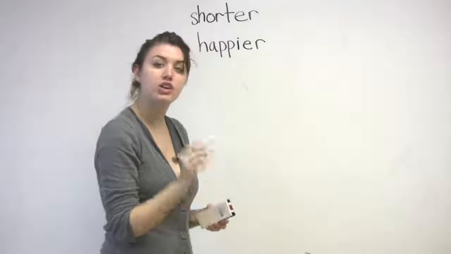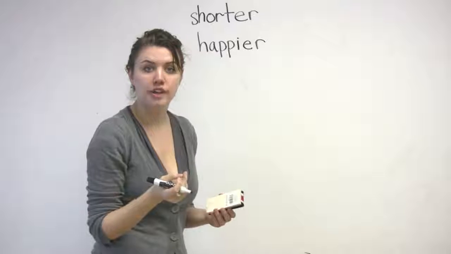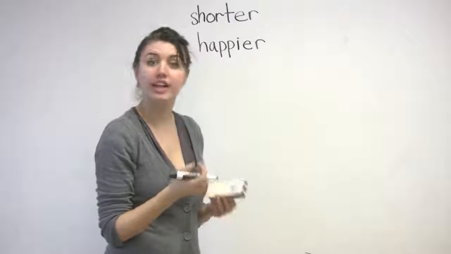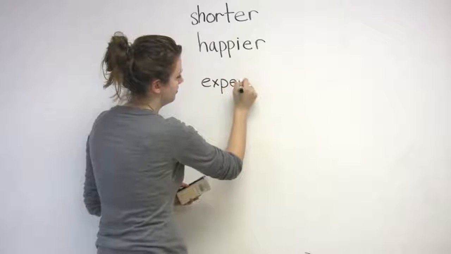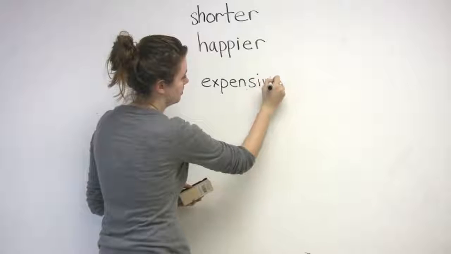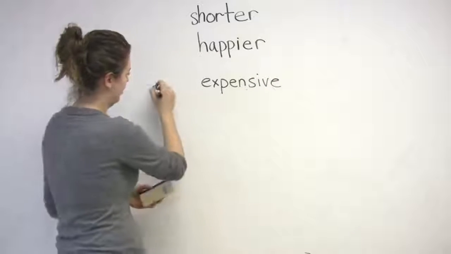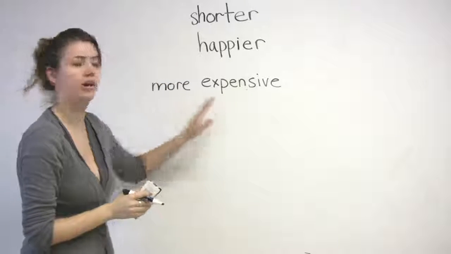And now if it's a two-syllable adjective, like honest, that doesn't end with a Y, or a three-syllable adjective, like the word expensive, we add the word more in front of the adjective. So, more expensive.